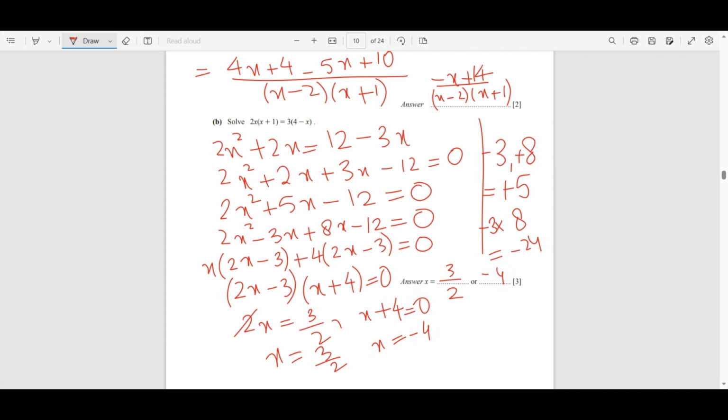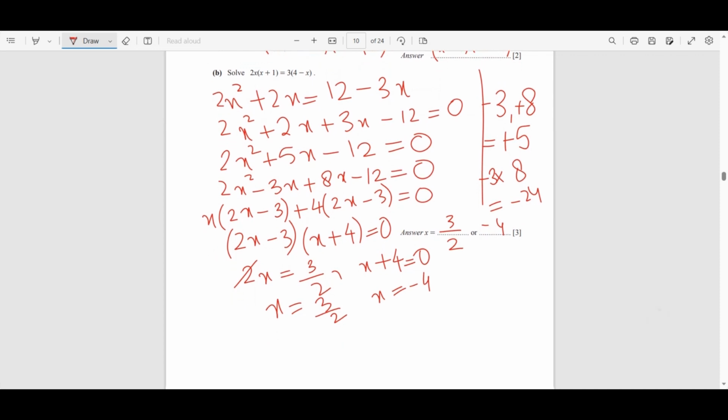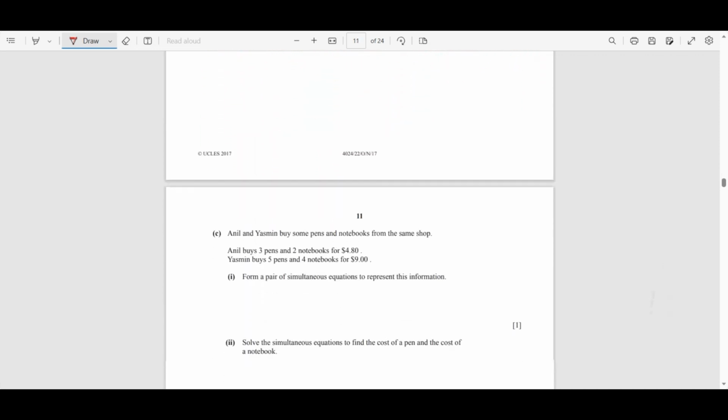So these are the two possible values of x. If you want, you can write the decimal value of it, which is 1.5 or negative 4. These are the two values.